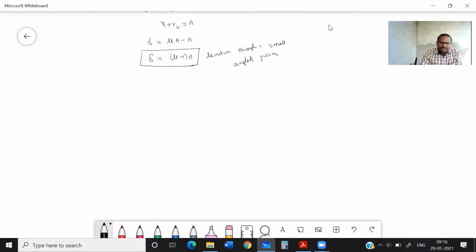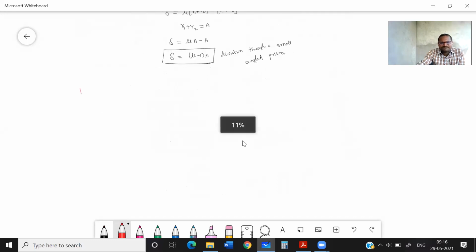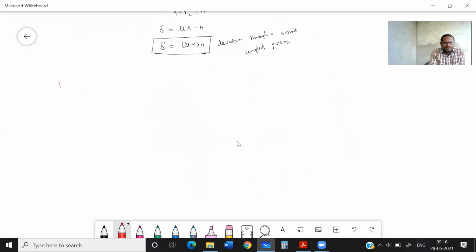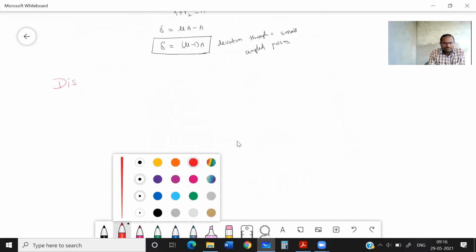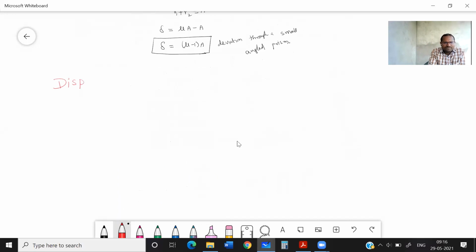Next point in this chapter is dispersion. What is dispersion?